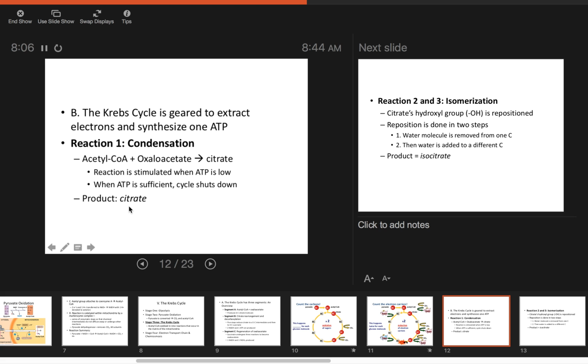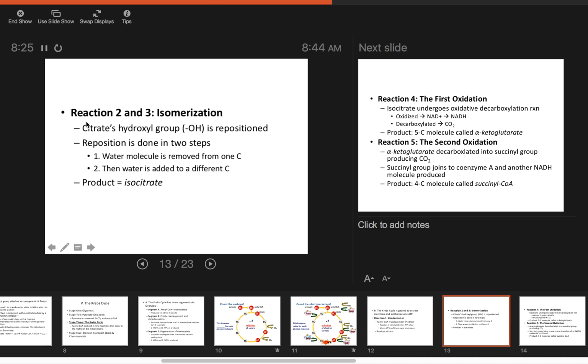Okay, so now I'm going to walk you through all the reactions. The first reaction is called the condensation, where we take acetyl-CoA and combine it with oxaloacetate to form citrate. So your product is citrate. Then reactions 2 and 3 are called isomerizations, which means you're just repositioning a hydroxyl group, and you get isocitrate.